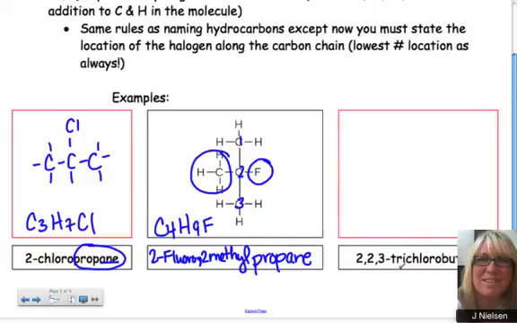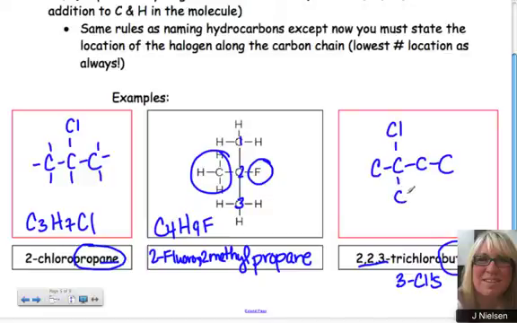All right, 2,2,3-trichlorobutane. Well, we know our parent chain is butane, which is going to be 4 carbons. We know that they're all single bonds. Trichloro tells me that there are 3 Cl's, and this is their location. I've got one on the 2, I have another one on the 2, and I have one on the 3.